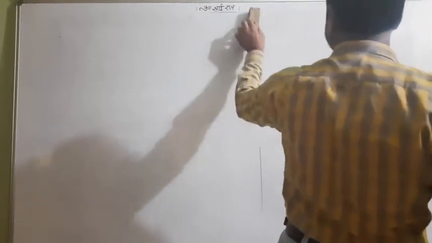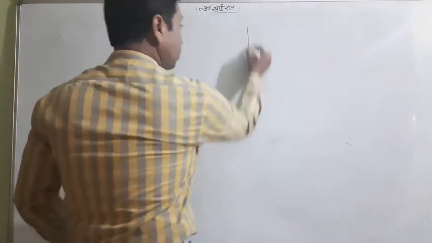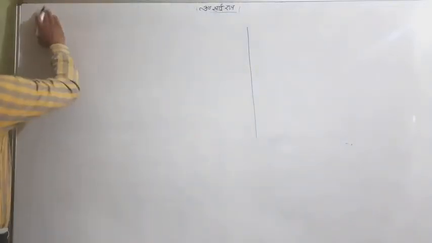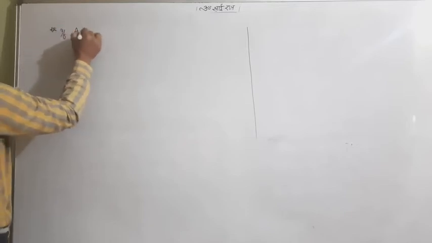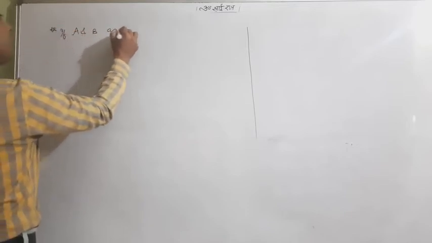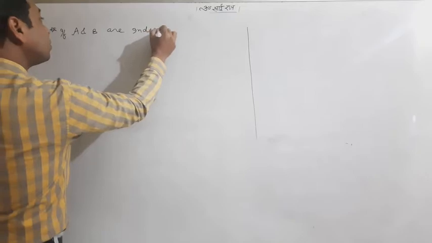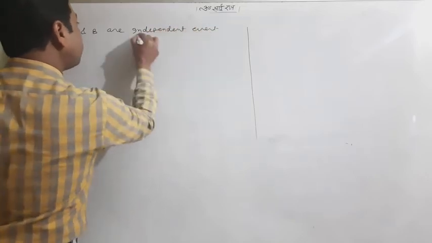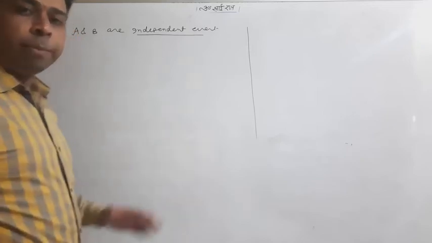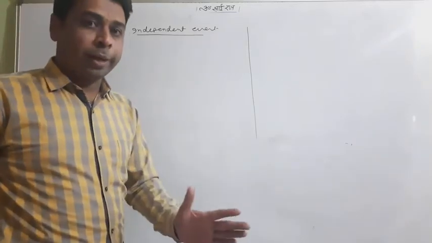Look at now, the next one. Now I'm telling you something very important, that if A and B are independent events, very important I'm telling you, this time the events are independent.